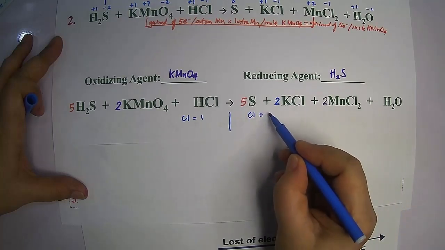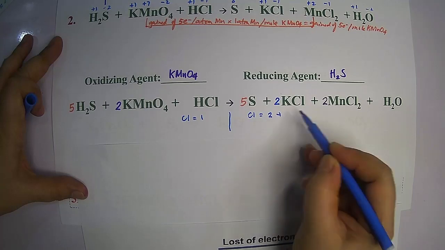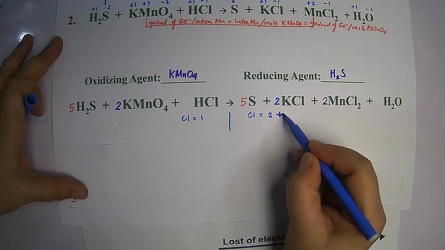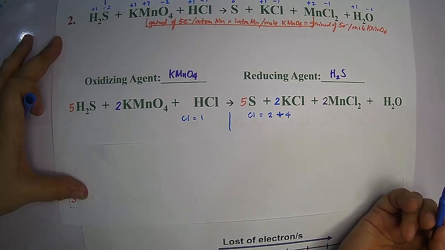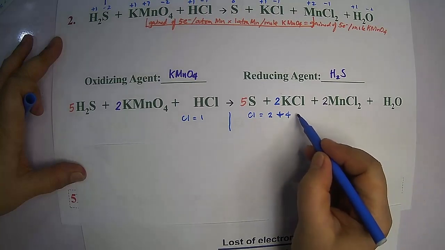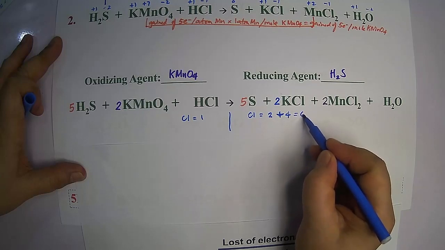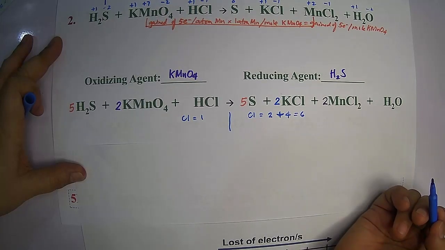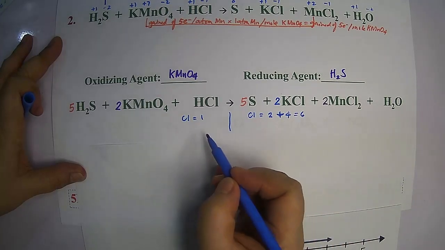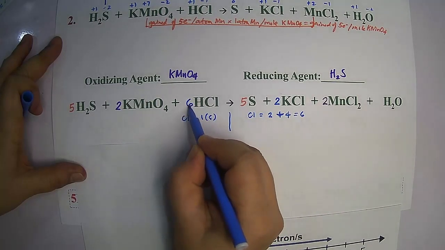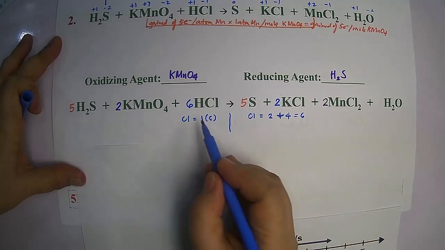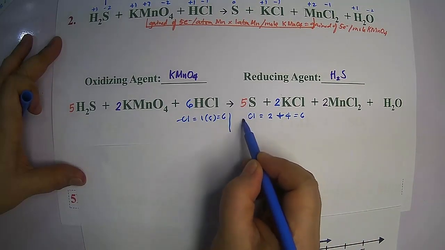You have here 2, plus 4, so this is a total of 6. And here we multiply this by 6 at the start of the formula to balance the number of chlorine. That will give you 6.